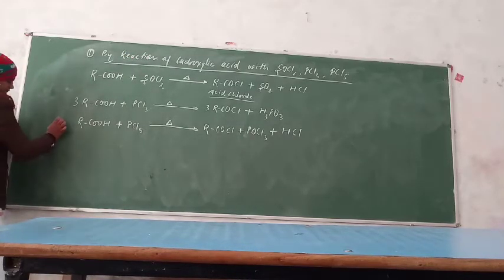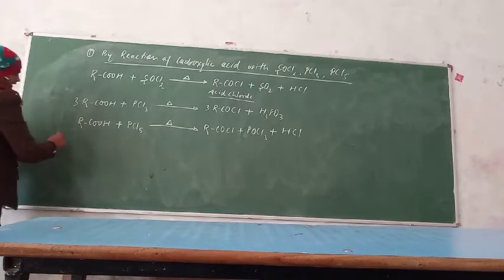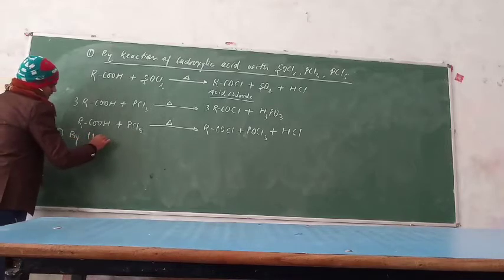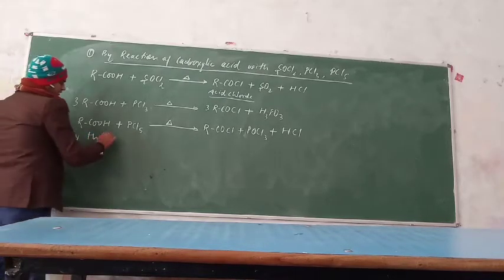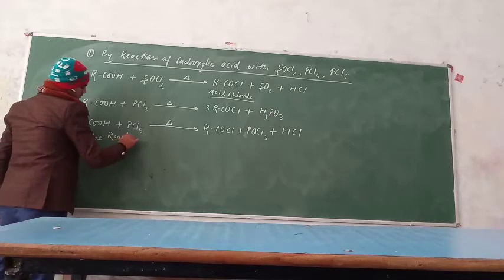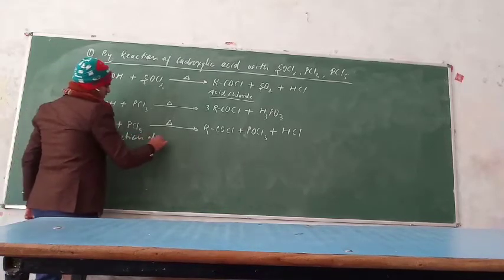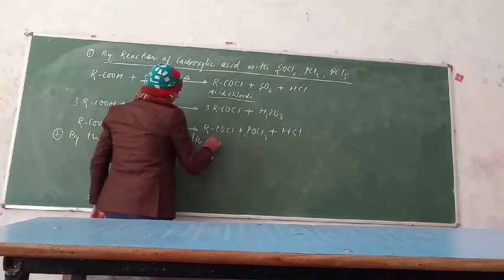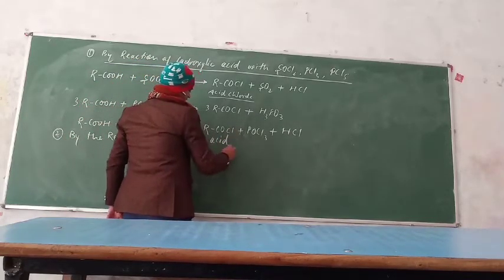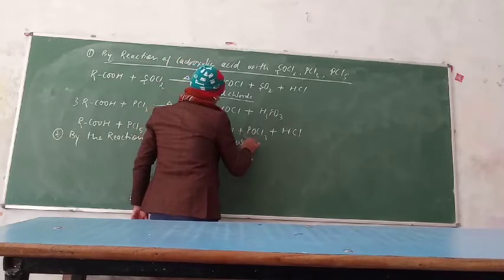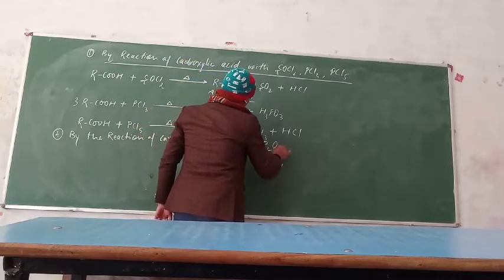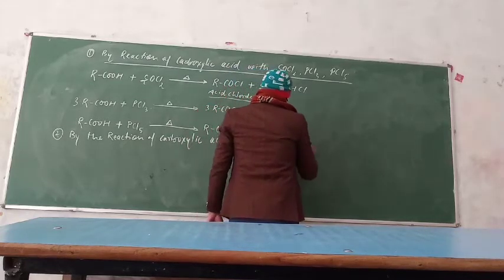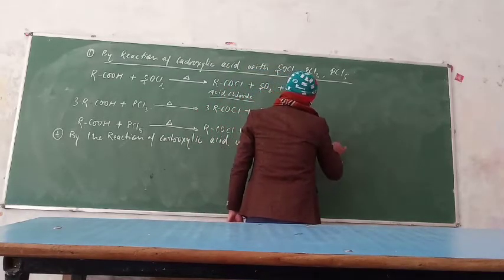Now the second reaction, the reaction of carboxylic acid with P2O5 or concentrated H2SO4.